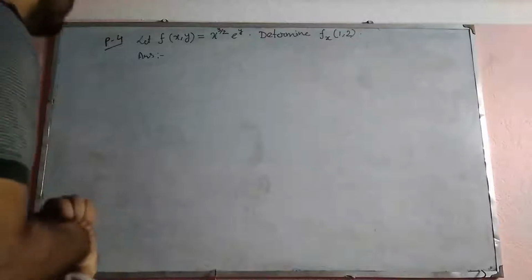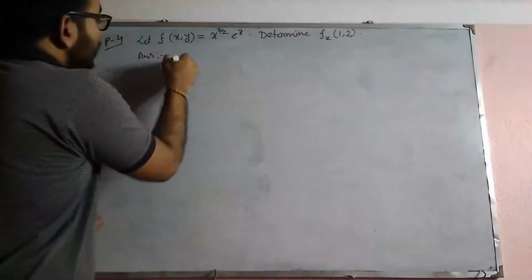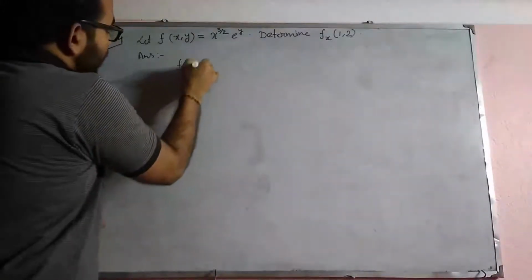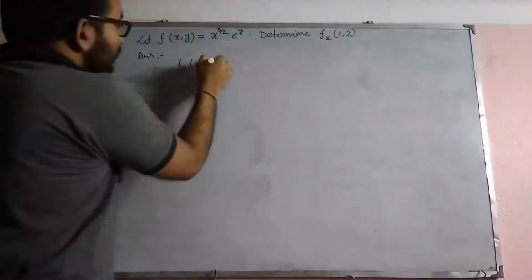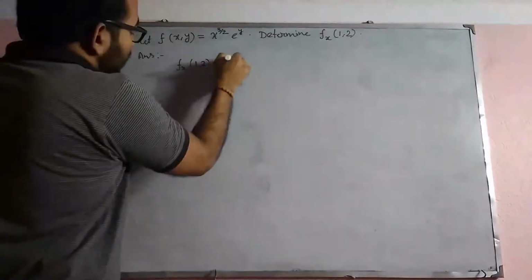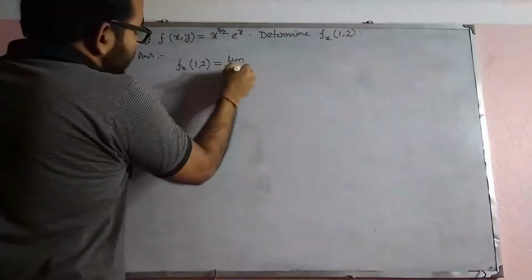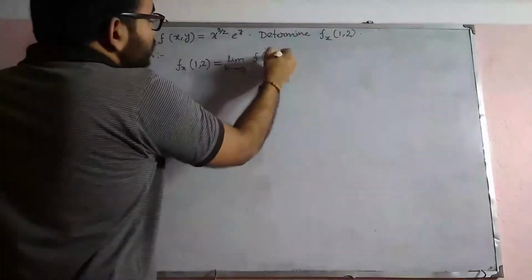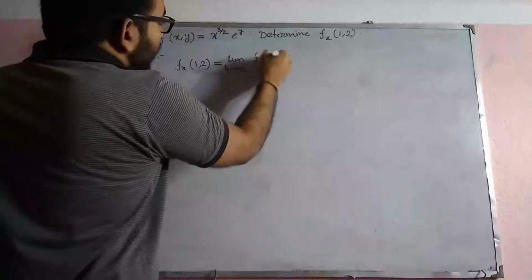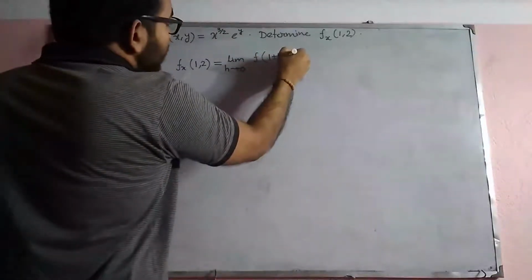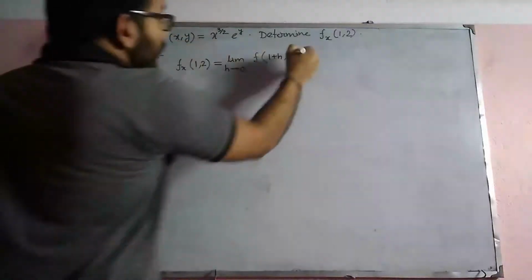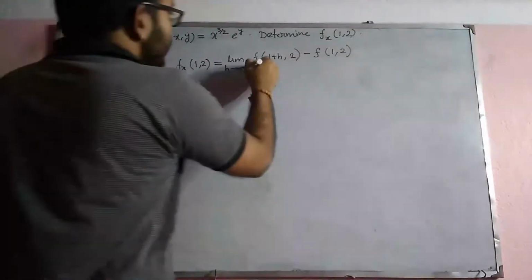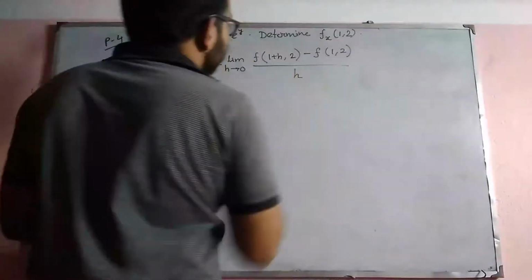So here fx at 1 comma 2 is equal to limit h tends to 0 of f of 1 plus h comma 2 minus f of 1 comma 2, by h.